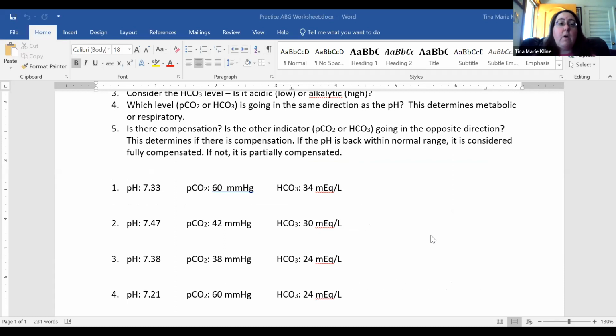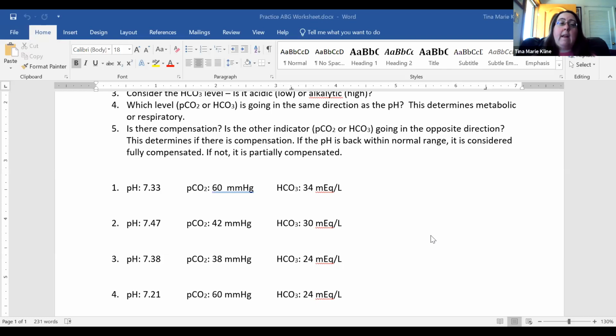So if you follow the steps, let's look at the pH of number 1, 7.33. What I would recommend, if you don't already have these numbers in your head, is on your paper, brain dump your normal range for pH, 7.35 to 7.45, your normal values for PCO2, which is 35 to 45, and your normal values for bicarb, which is 22 to 26.